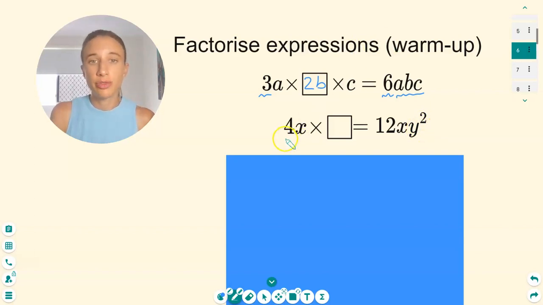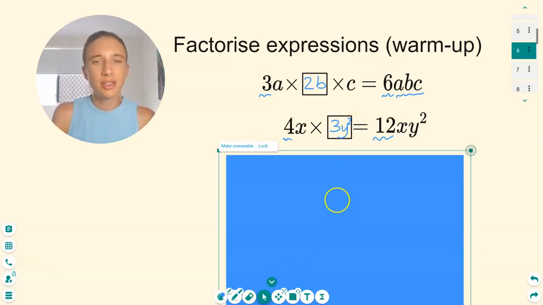First, I'm looking at my coefficients. 4 times what gives me 12? In other words, 12 divided by 4 gives me 3. So then I look at it, 4x times 3, well, we've only got 12x so far. How do we get that y squared in there? Well, we need to get a y squared term. Hopefully that makes sense.